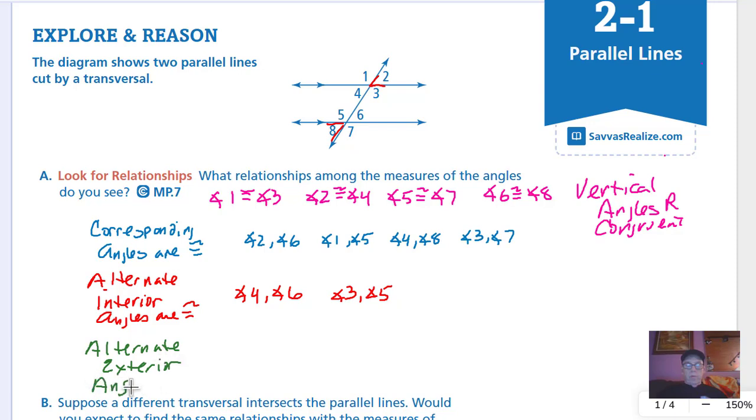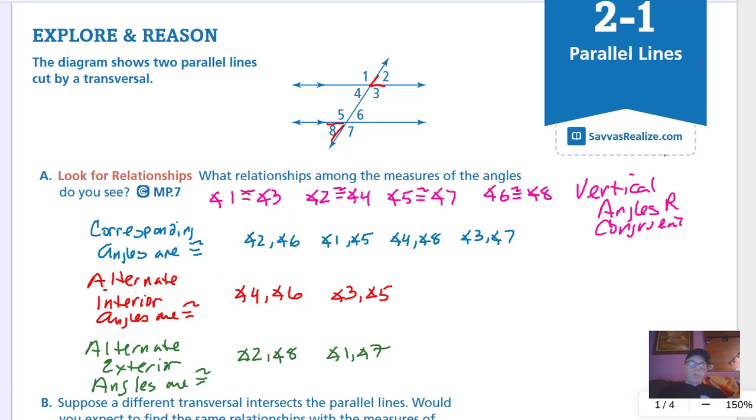And they're going to be congruent, or have the same measure. So 2 and 8 are alternate exterior, and 1 and 7 are alternate exterior angles.